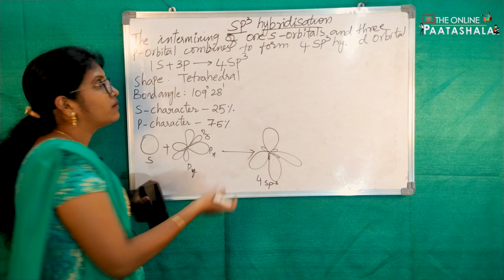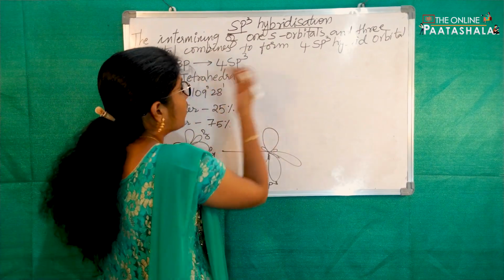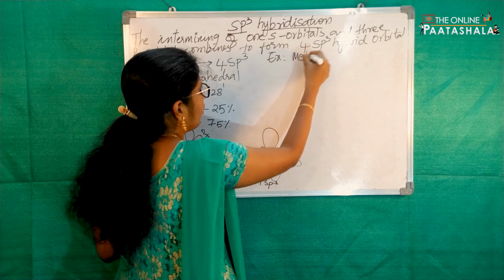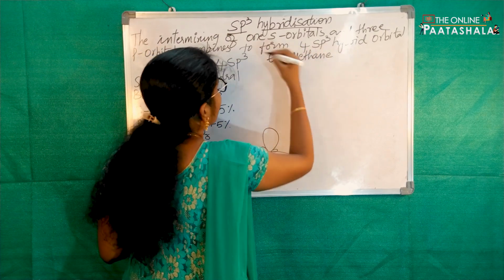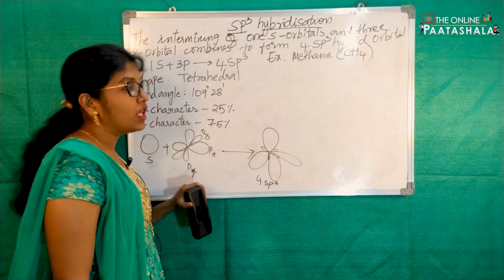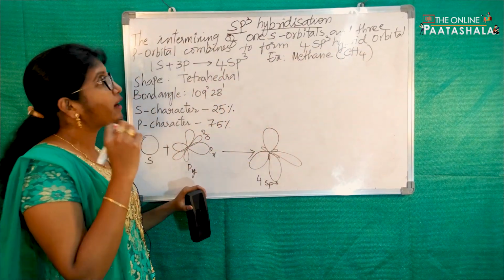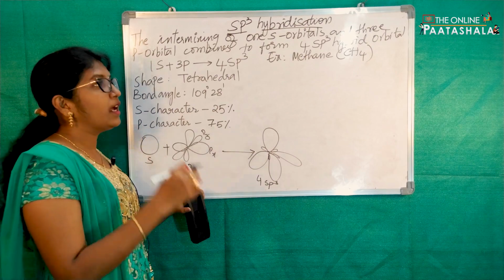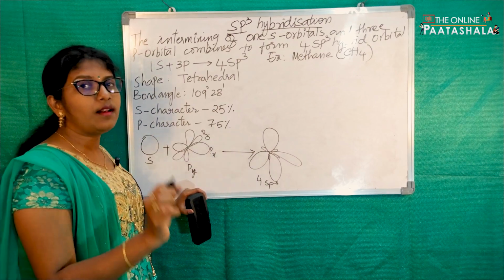Right? Now we'll see how the hybridization is going on by taking an example. What is the example for sp3 hybridization? Methane. Always, whenever you are calculating the hybridization, it should be started with the central atom.